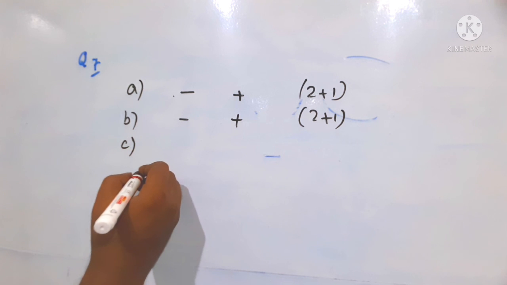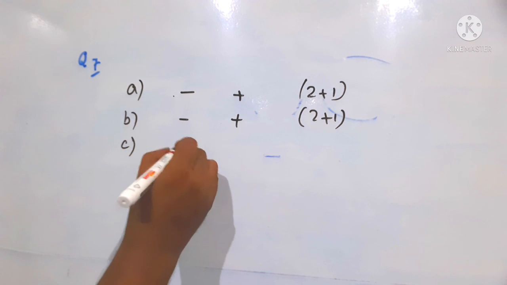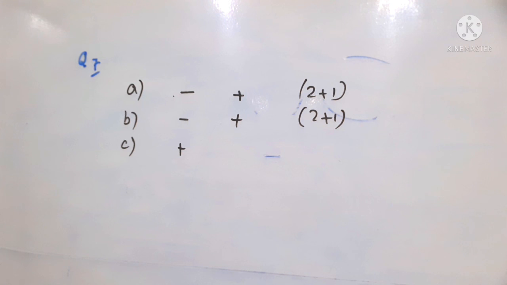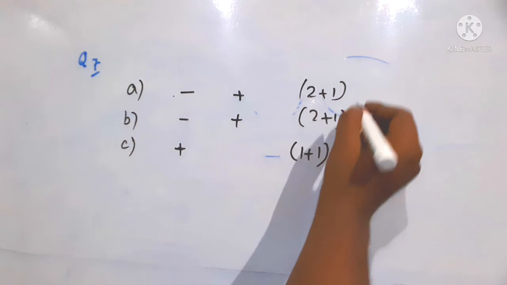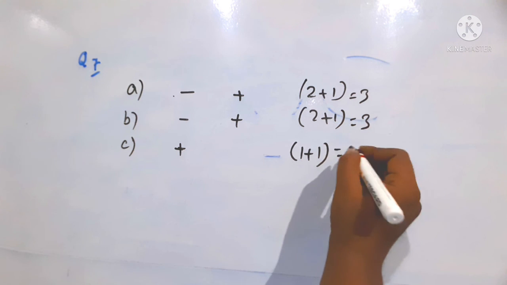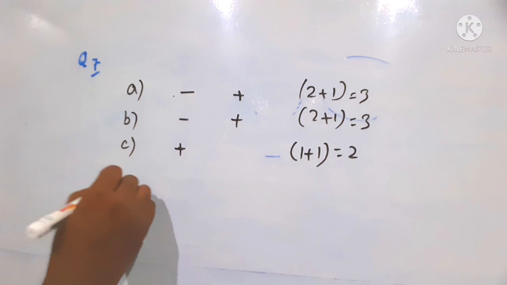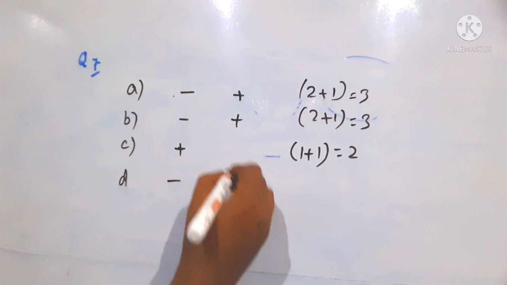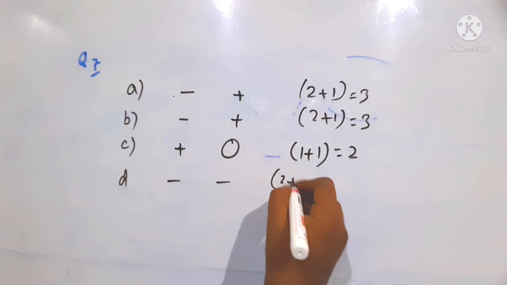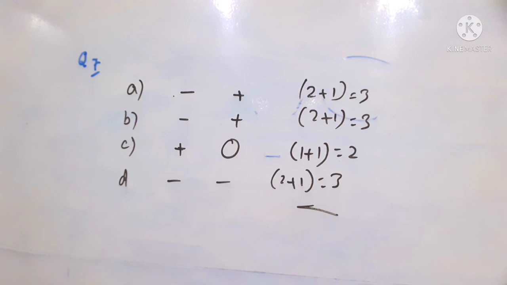And option C, check. There is only 1 plus sign. Sign means plus and minus, not multiplication sign or division sign. So there is 1 sign. So 2 terms. 3, 3, 2. And in option D, there are also 2 signs, minus, minus. So 2 plus 1, 3. It will help you calculate very fast how many terms there are.